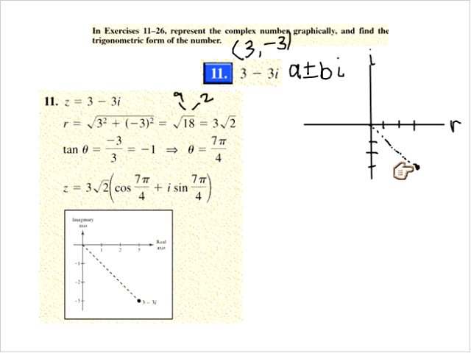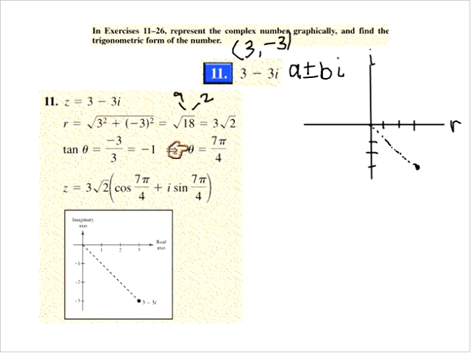What quadrant are we in over here? We're in quadrant 4. So where does tangent equal negative 1 in quadrant 4? Tangent equals negative 1 in quadrant 4 at 7 pi over 4. So that is what we're going to get for our theta.